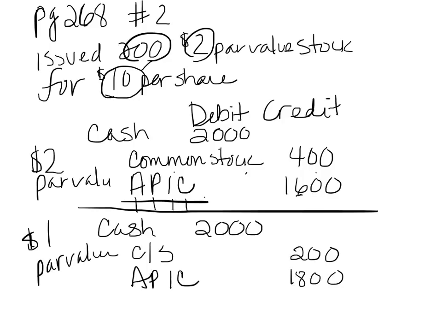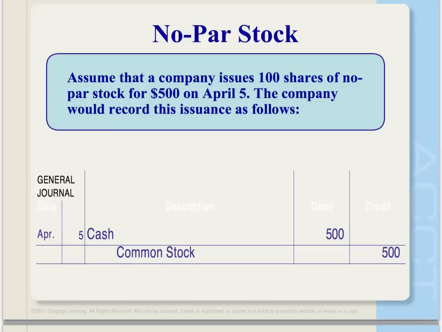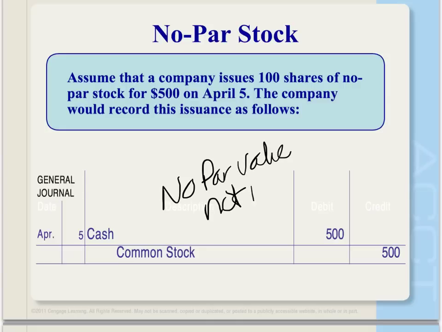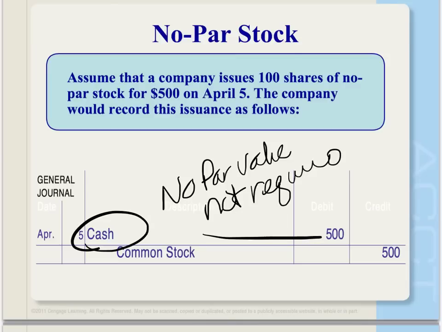Okay. Let's ask what happens if there's no par value. Even though some states do require it, some states don't. If there is no par value and it's not required by the state, then it would be a debit to cash for $500 and a credit to common stock.